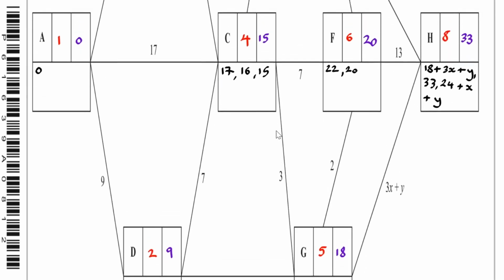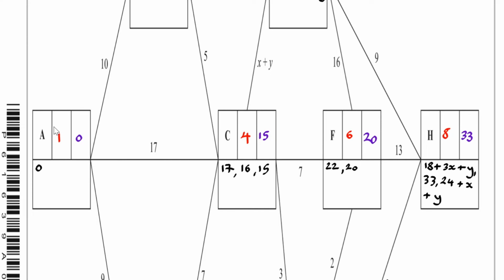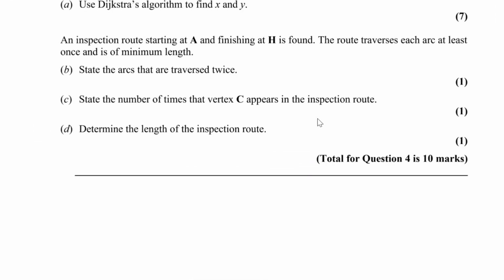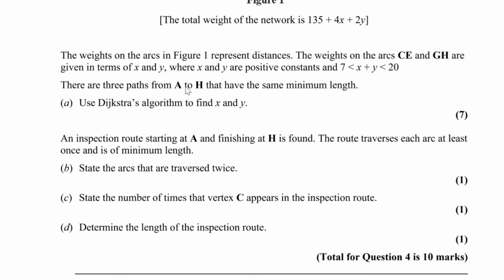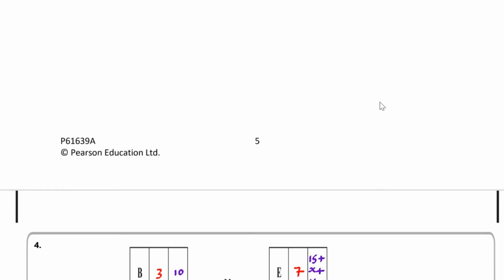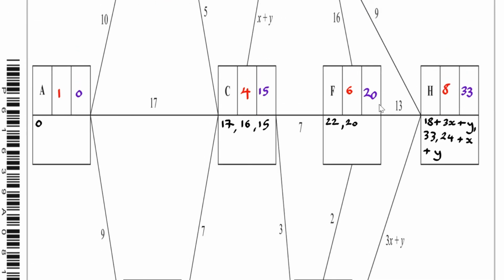So for this question, we start at A, we finish at H, and we were told before in the question there are 3 paths from A to H that have the same minimum length. Let's try to find these, and we can do this by working backwards.